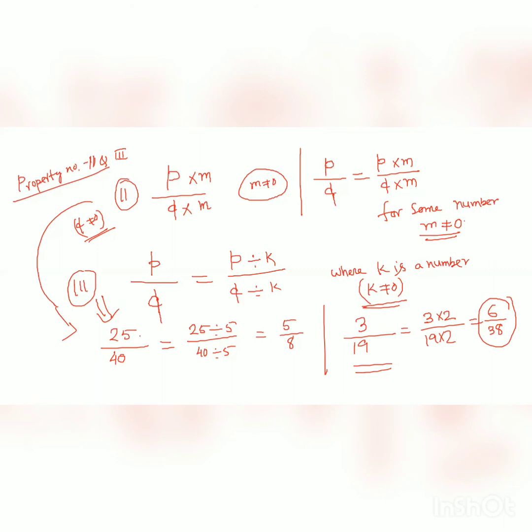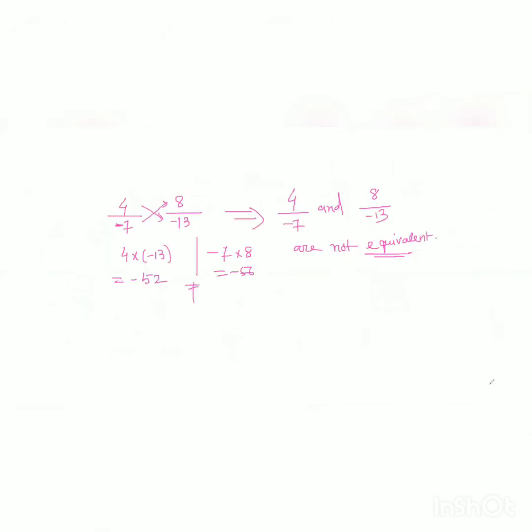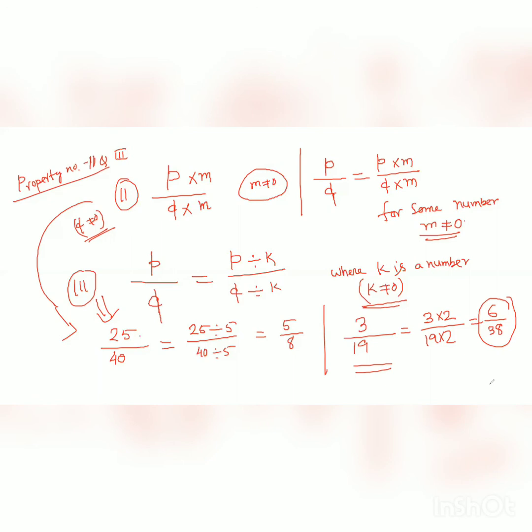Now, in the previous slide, I was talking about which number we will write. Now we will solve that problem, what to do if that kind of number is there. See, we are taking 4 by 6, 2 by 3, and 40 by 60. Which number will we write? In this case, we cannot break or simplify this number any more.